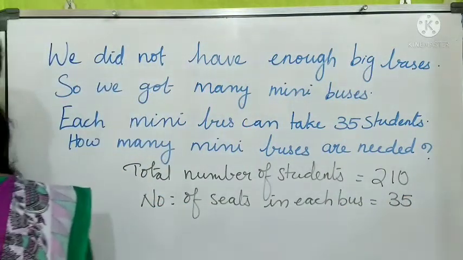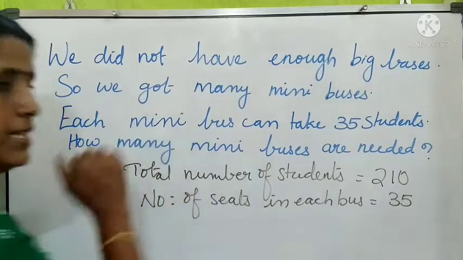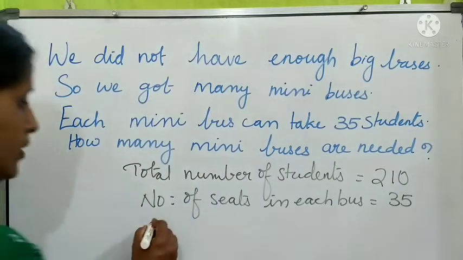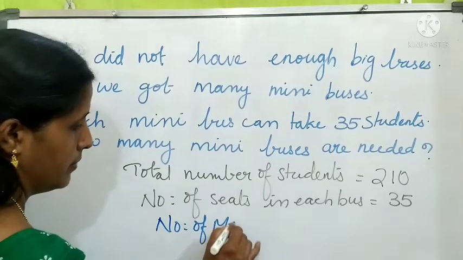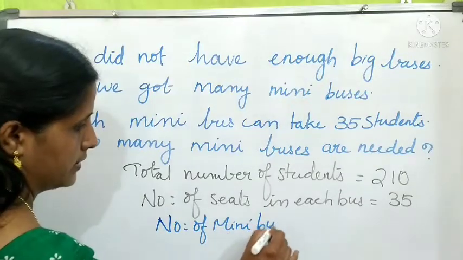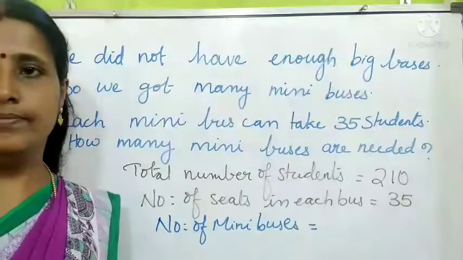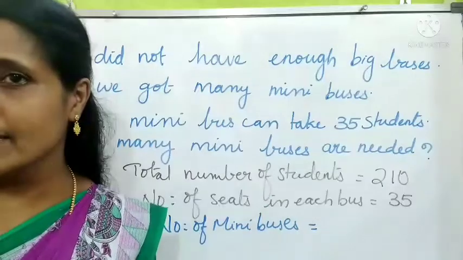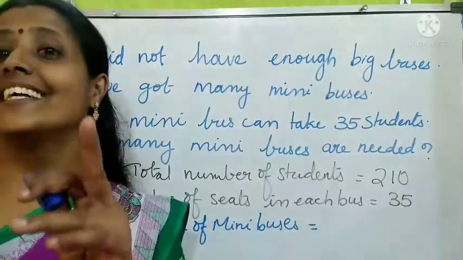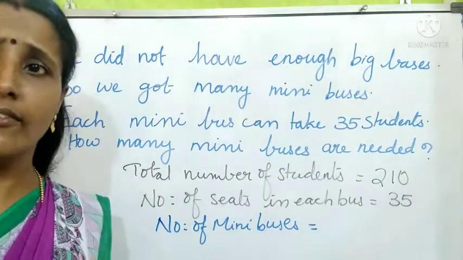Okay, then what do we have to find out here? Yes, we need to find out how many minibuses. So, number of minibuses. How can we find out this answer? Yes, using which calculation? Yes, division. How can you identify it is division?